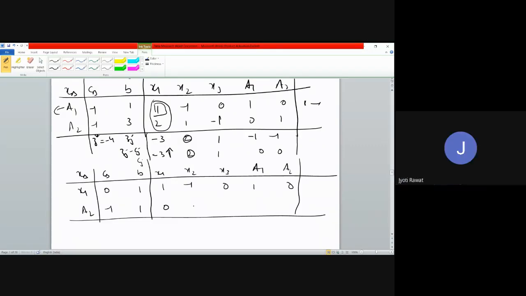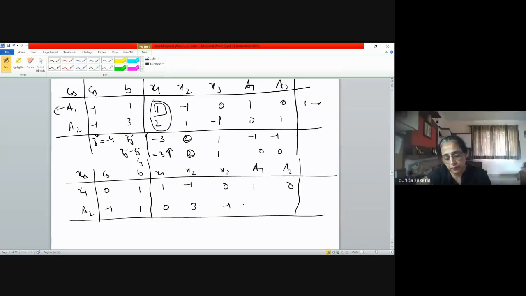Then what's 3? 3, minus 1, minus 2, 1, 1. Fine. Now your Z star and Zj and Zj minus Cj's. So Z star is minus 1 now.